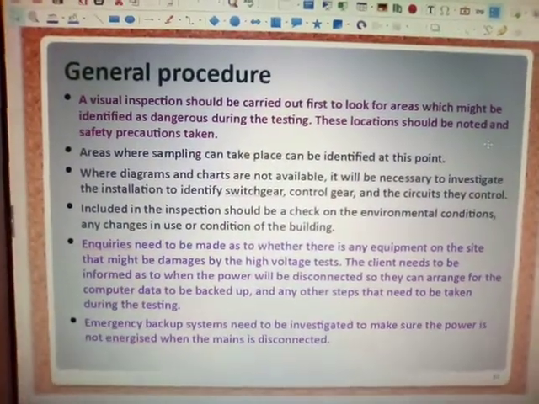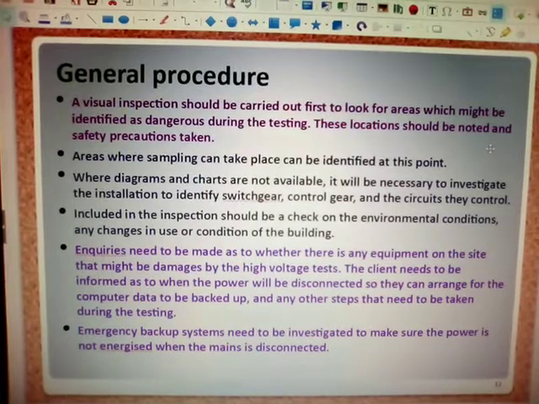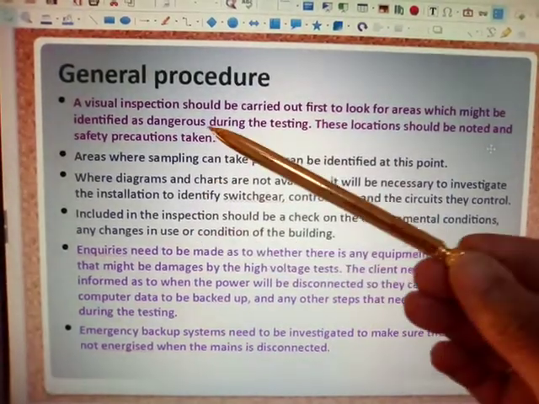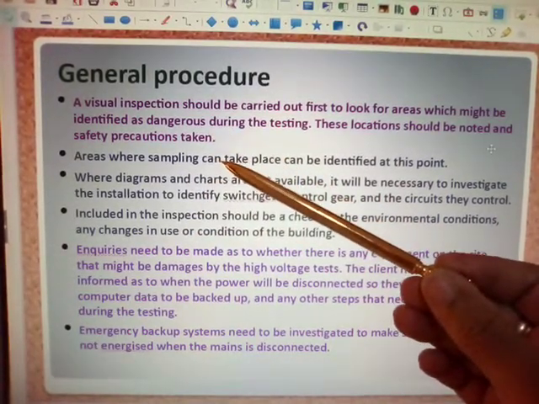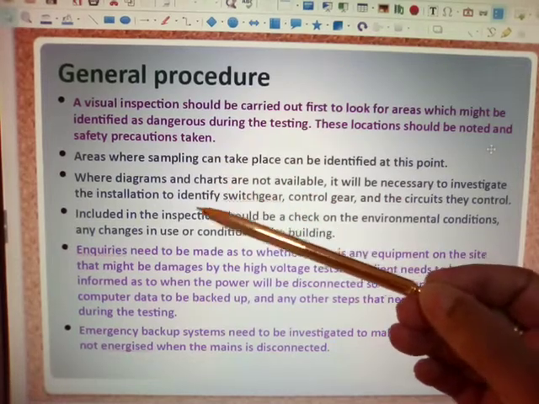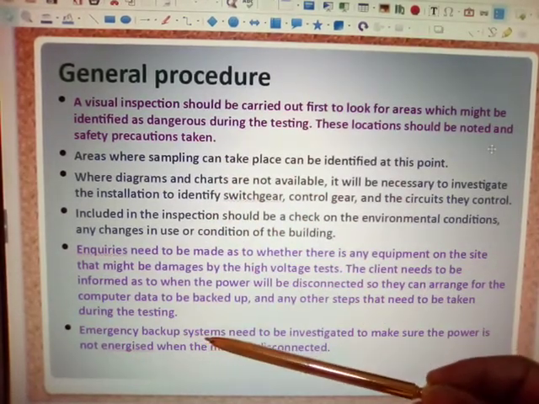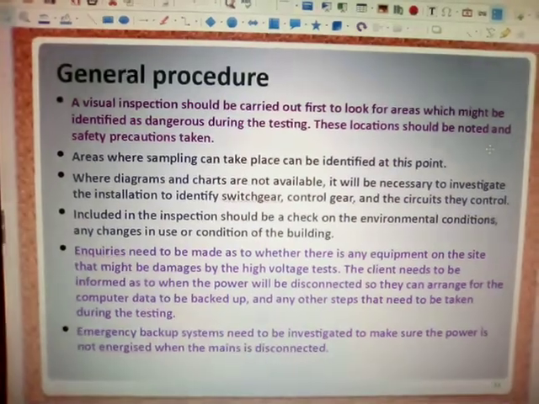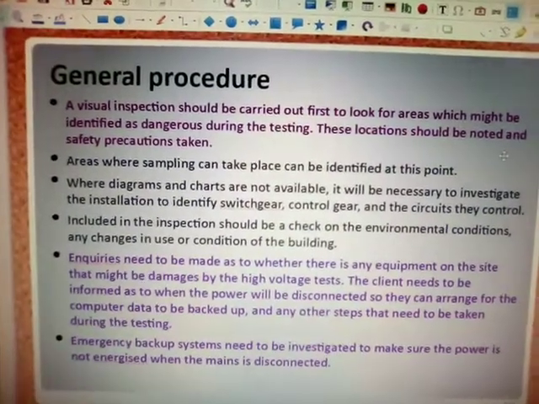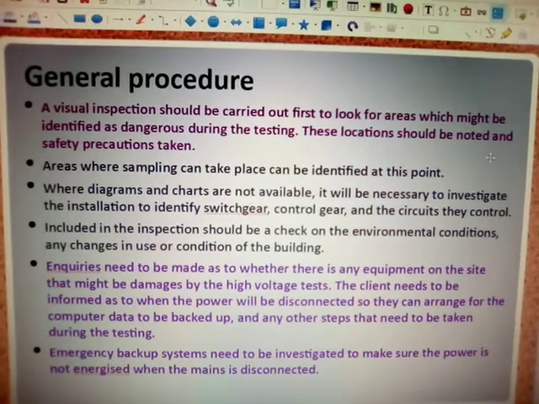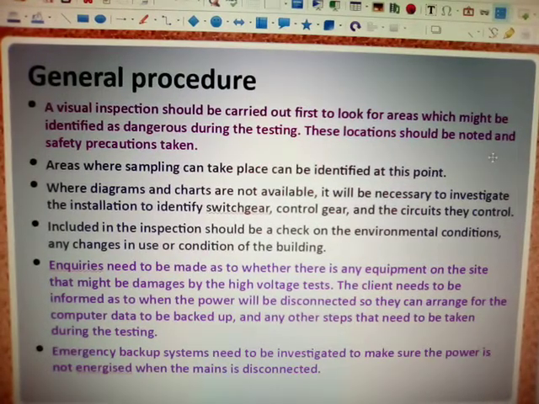Now here we have general procedures. Look at each section in turn. Do not try to look at it all at once. Take each section in turn, and you should be able to then read and be familiar with the information it's asking you for and providing you with.